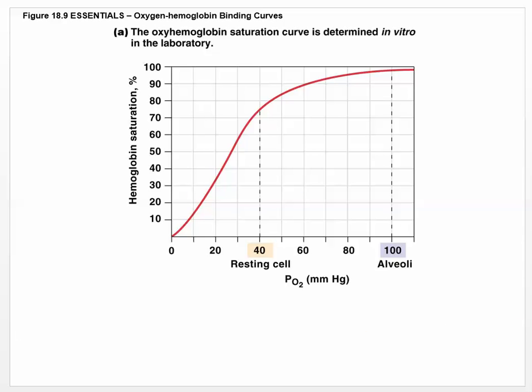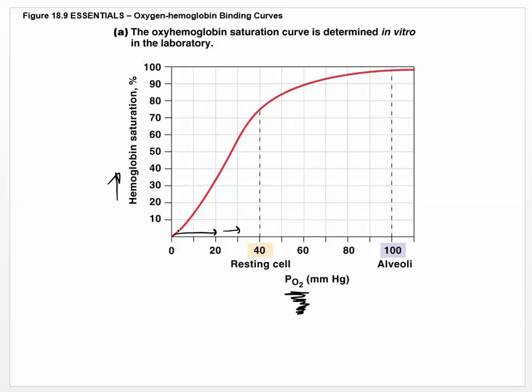Okay, so let's talk about what happens to oxygen and oxygen binding to hemoglobin. Let's say that we increase, so down here we have our partial pressure or our concentration of oxygen. So we breathe and oxygen increases, and this is how much is bound to hemoglobin on this side.